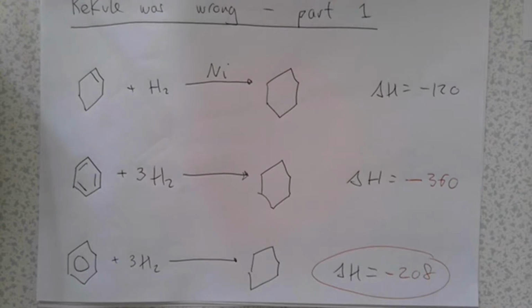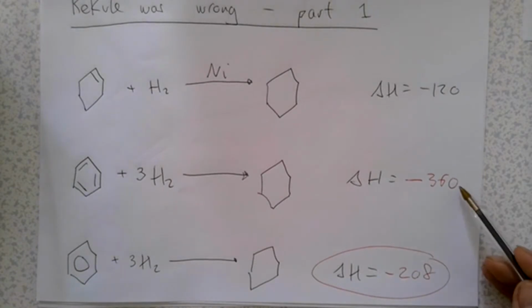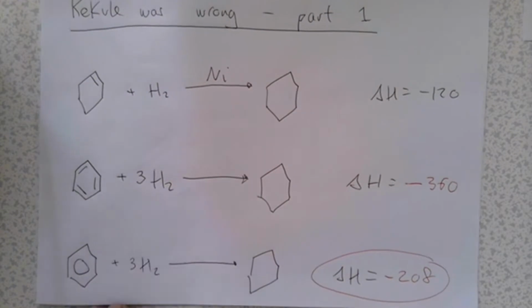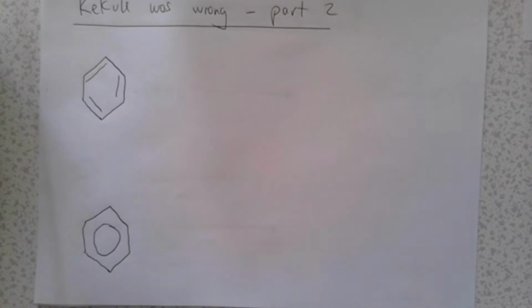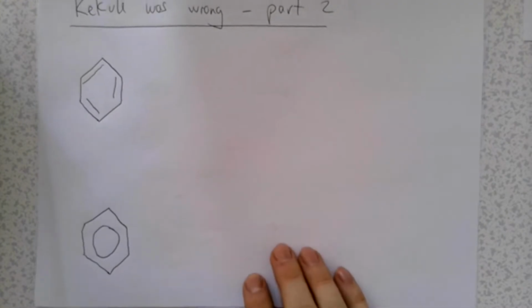Okay, so in a sentence, the first bit of evidence to disprove Kekule was that the enthalpy of hydrogenation of actual benzene was less negative, or less exothermic, than what Kekule predicted. Okay, so in terms of the scientific model, that's not good so far. His hypothesis did not agree with experiment.